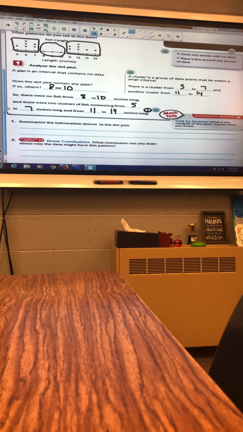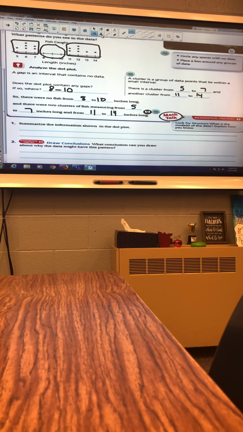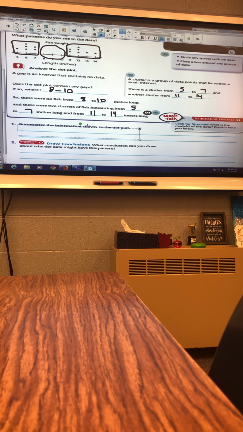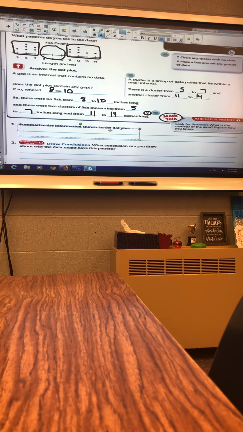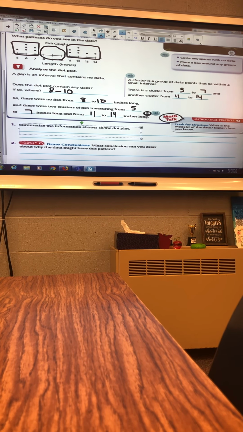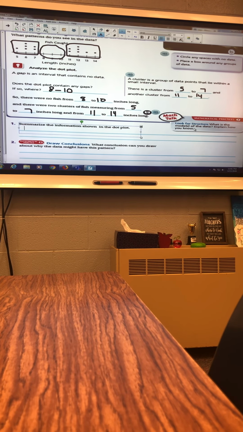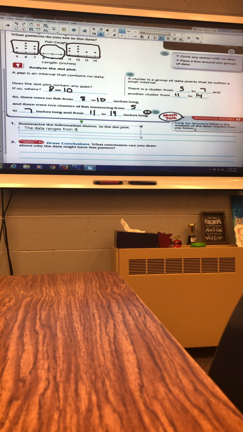Okay? So not too hard. In summary then, all you would put in the text box is the data ranges from 5 to 14 inches.